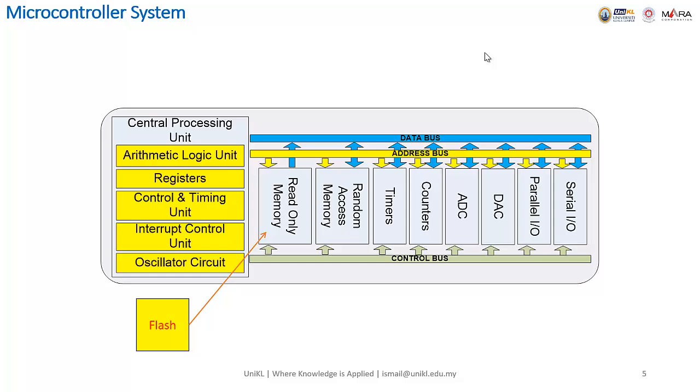So now we have what we call flash. Flash normally works on SPI, serial peripheral interface, for communications. It means we can write the data directly inside it very fast. That's why it's named flash.